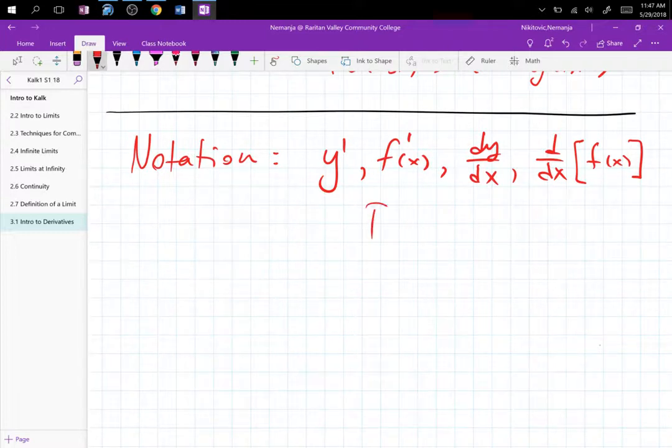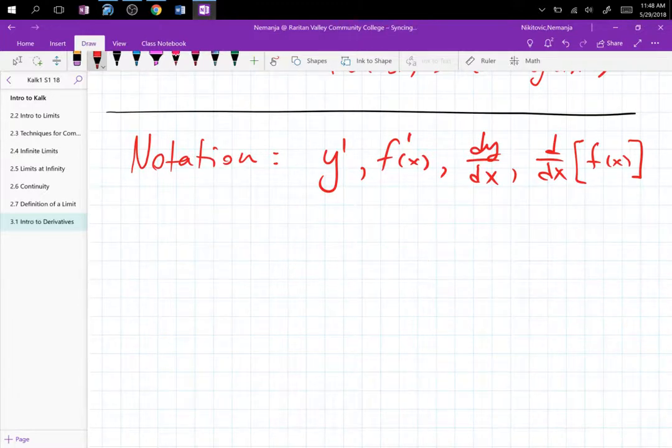Other notations would be capital D of a function, used in linear algebra. Also, you will have partial derivatives, which have this type of notation in Calculus 3. That's coming up, and that's all equivalent to what we are doing.